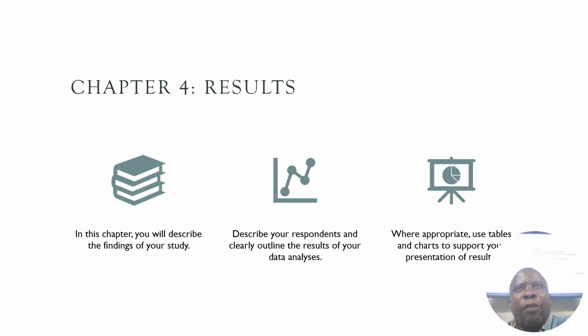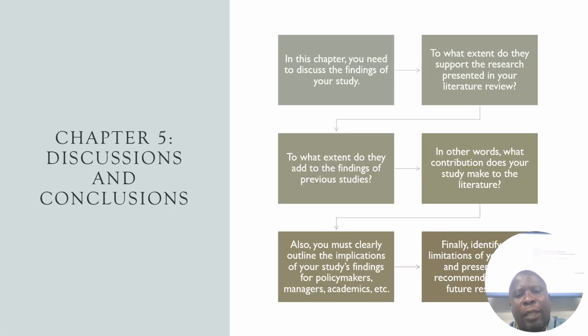This is one of the very important chapters, because this is your study. This is your contribution to the existing literature. So make sure you do it correctly and use the correct tools to analyze your results.